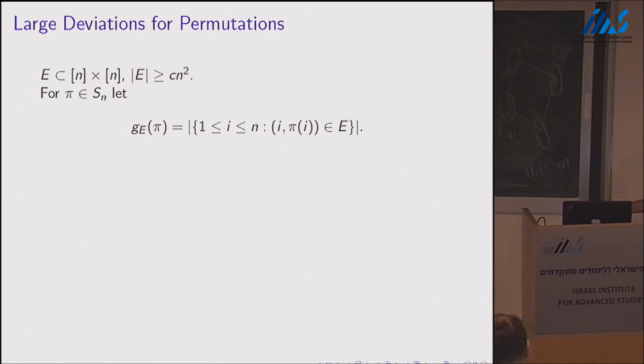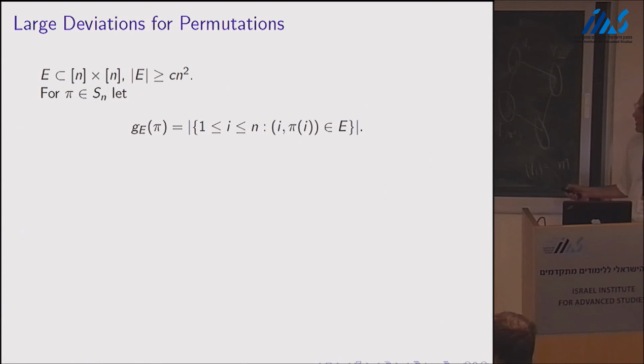The probabilistic ingredient concerns large deviations in the space of Latin squares. But let me first say one word about permutations. Suppose that you have just a set of tuples, or as combinatorialists would have it, a bipartite graph on n by n vertices, which is dense.